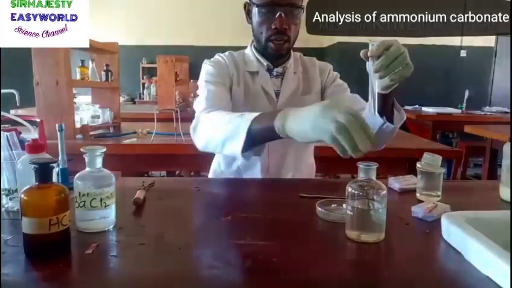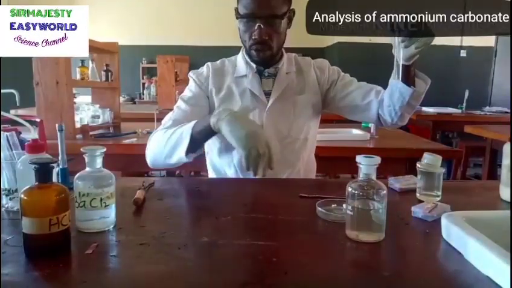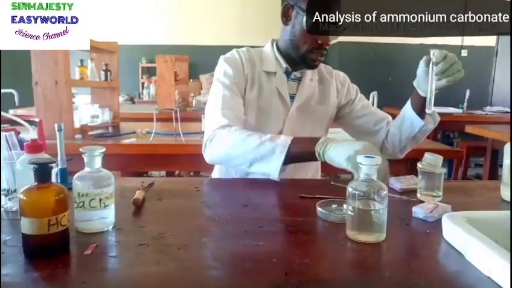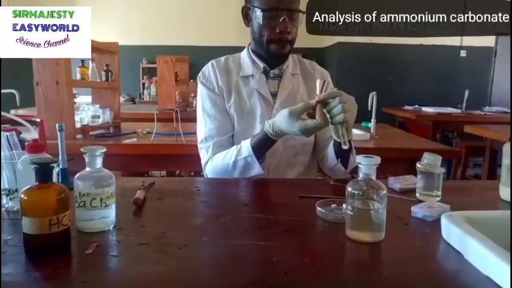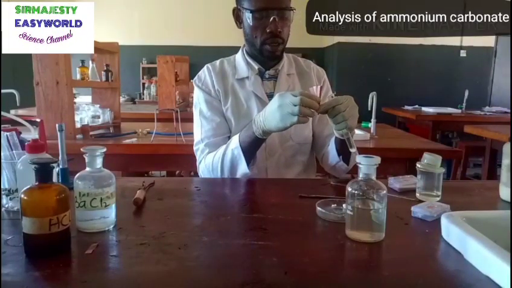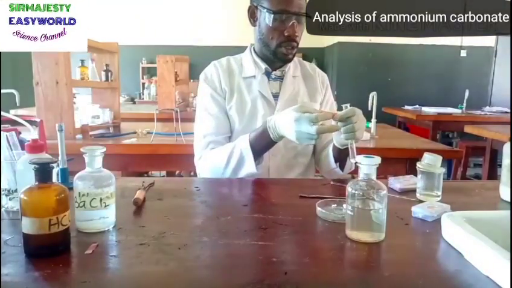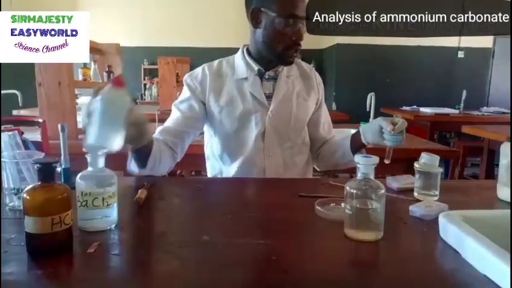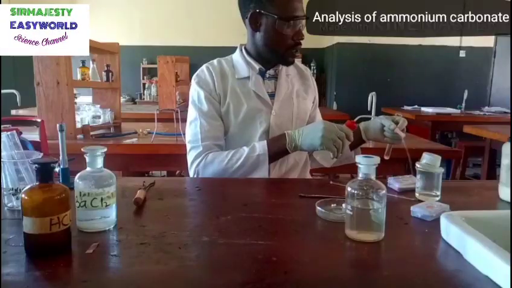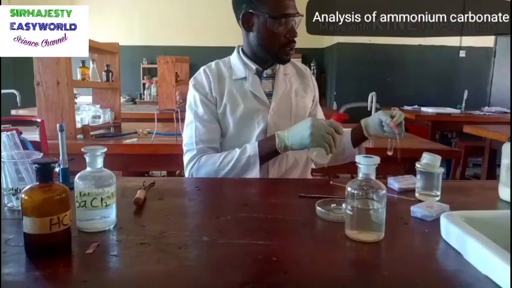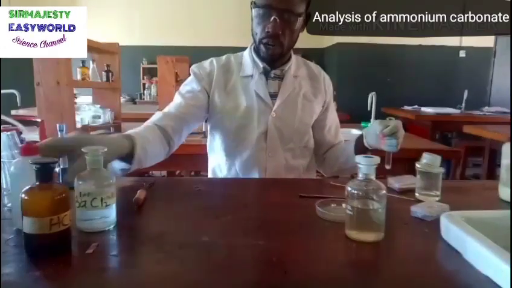This is my sodium hydroxide. I will get my glass rod and other things ready for testing. This is my litmus paper. I have to get it moistened. Okay, now I'm ready to carry out the next step.